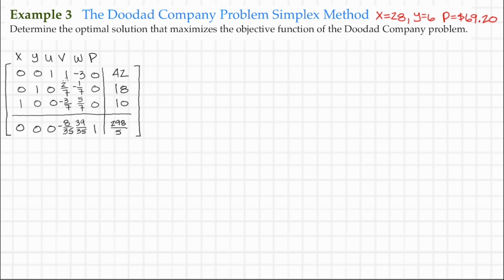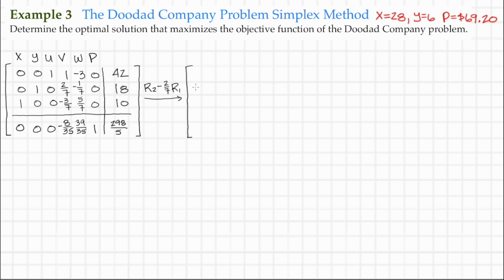We could go ahead and target this value right here. So we can say row 2 minus 2/7 of row 1. Put in our bracket. So we start with 0. That'll be 0, and of course 0.